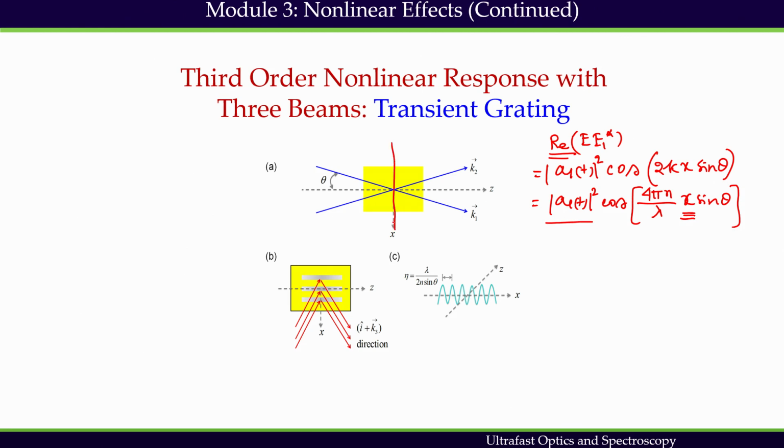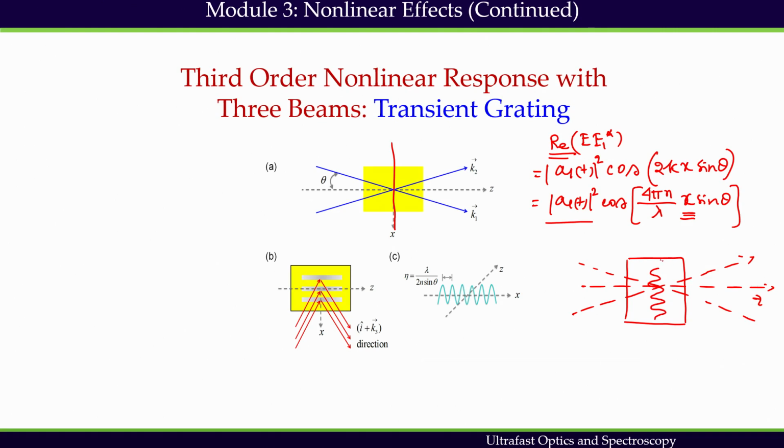So if the medium is like this, and two beams are interacting and propagating along this direction, this is my z direction, then what I am getting is a variation of the intensity along this direction.